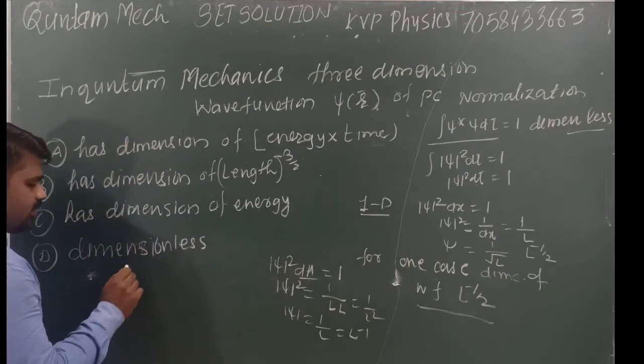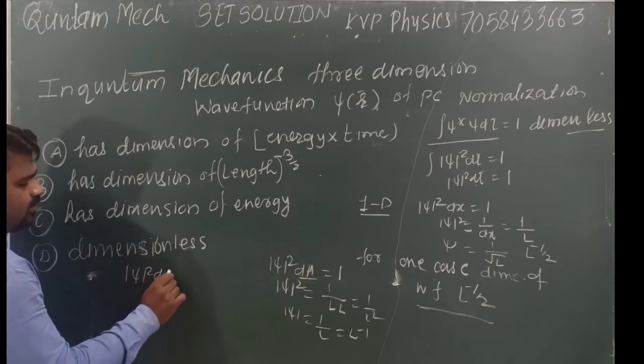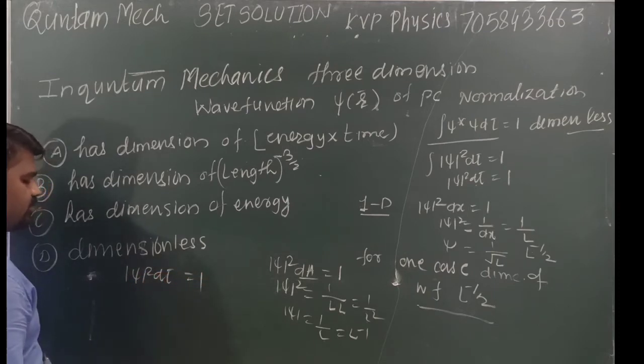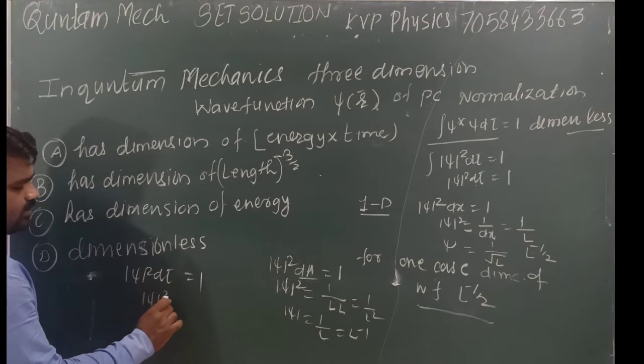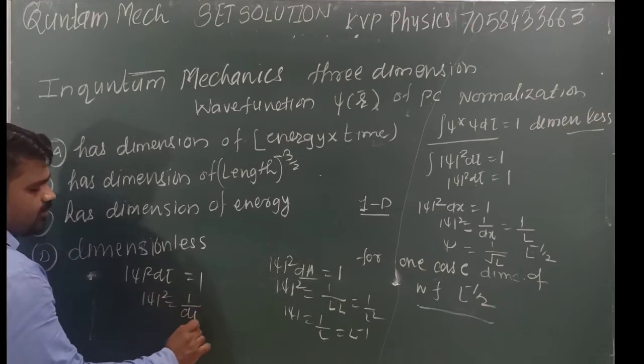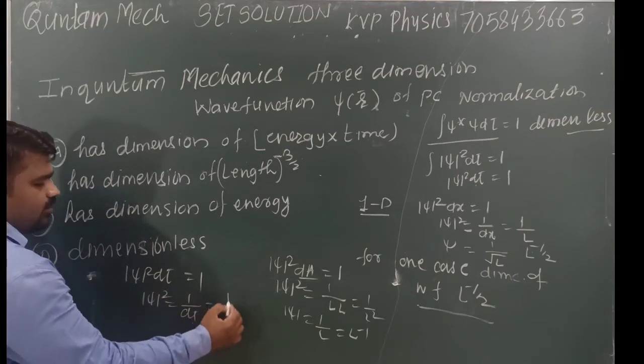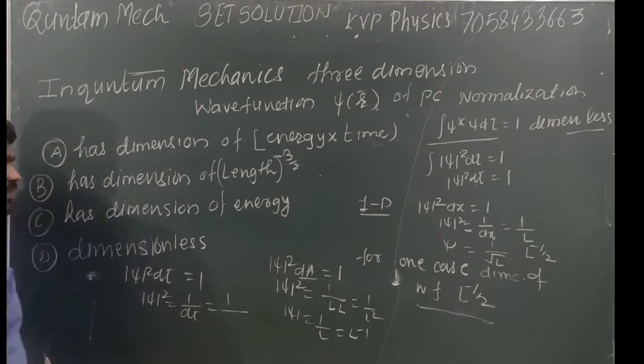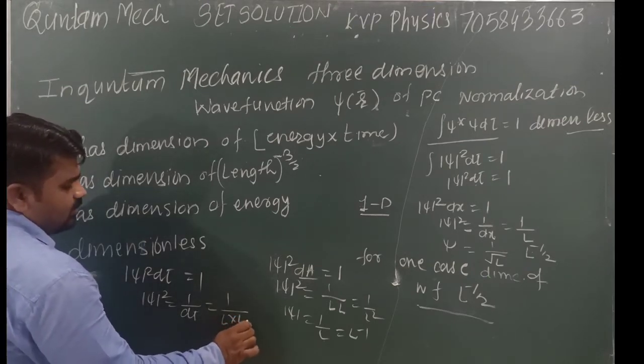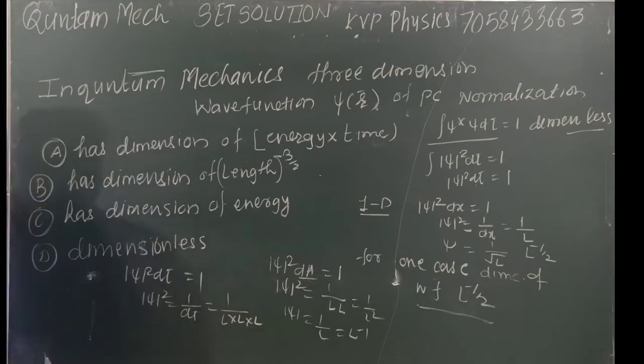Again the same trick applies here. Mod psi square into d tau is equal to 1. Then mod psi square is equal to 1 upon d tau. D tau is nothing but volume, means length into length into length, L to the power 3.